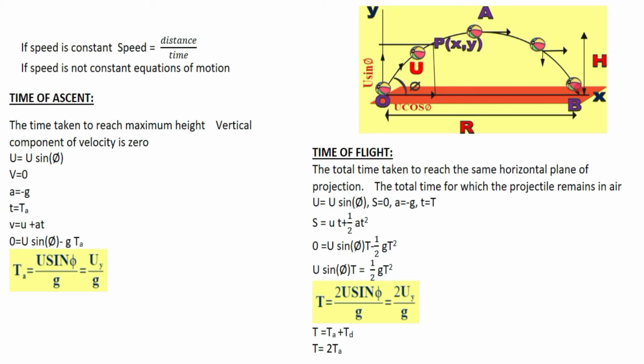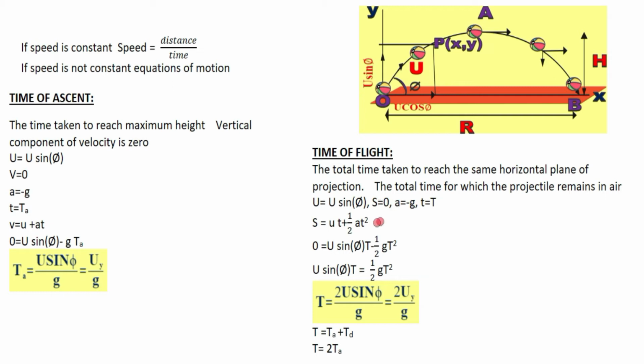That is, as the projectile goes from O to A and then to B, the vertical displacement will increase, reach its maximum height, then decrease and again become 0. That is why I wrote S is equal to 0.